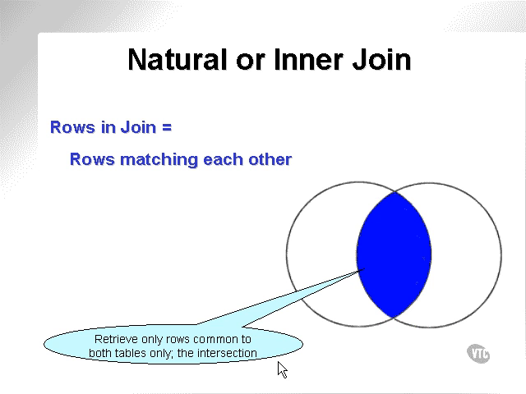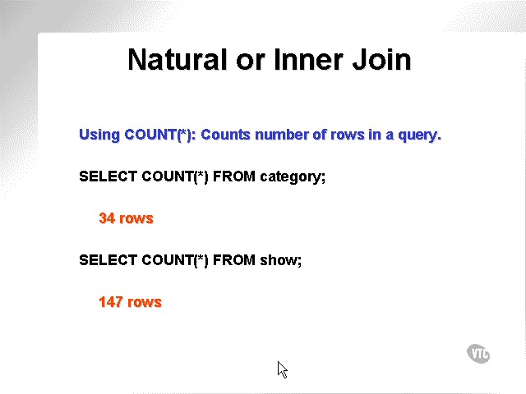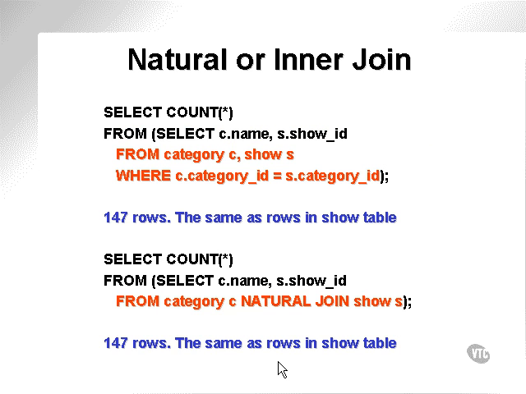Let's see if we can actually set about proving that and explaining it by example. Once again, I'm showing the row counts for the category and the show table. Since we've already executed these SQL statements in the previous movie, we won't execute them again. Here are the same SQL statements used for the cross join, except that I've now put in the syntax that would make them natural or intersection or inner joins.